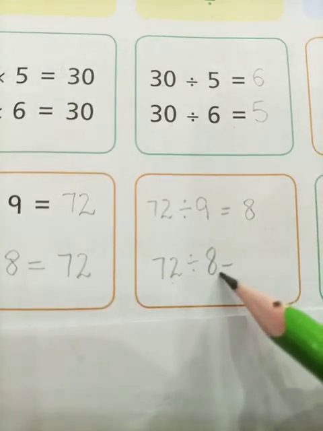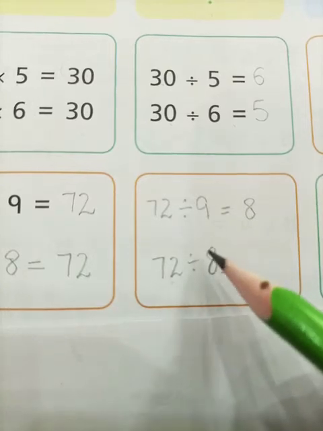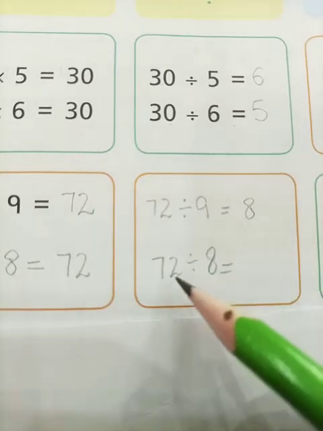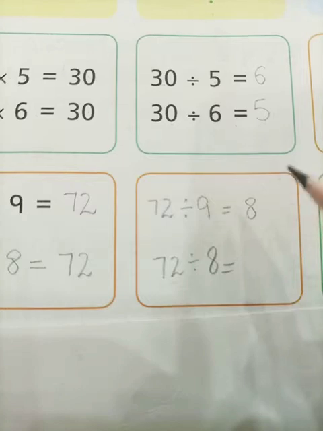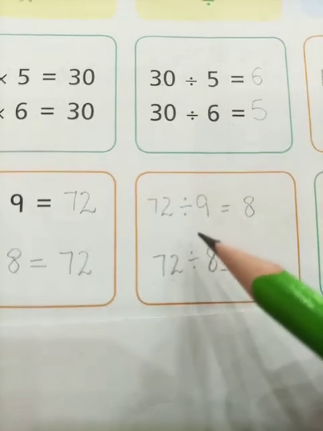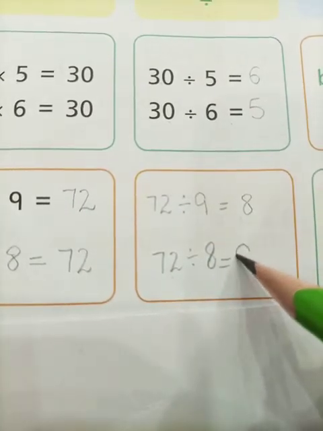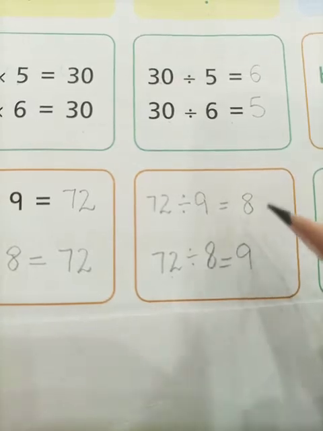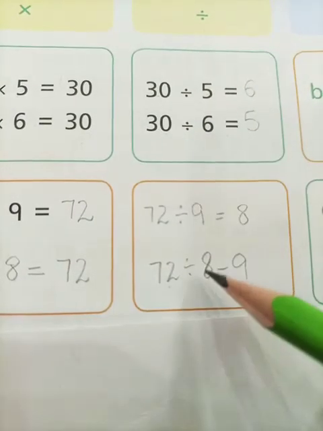Let's read the table of 8, and in the table of 8 we get the number 72 on which number? Tell me students. 8 9s are 72. Very good. So students, here we have solved our division fact.